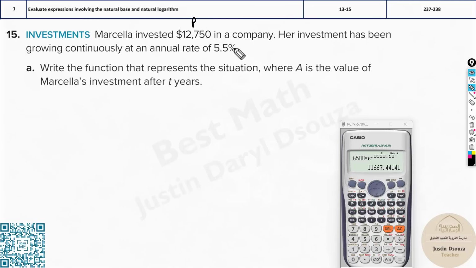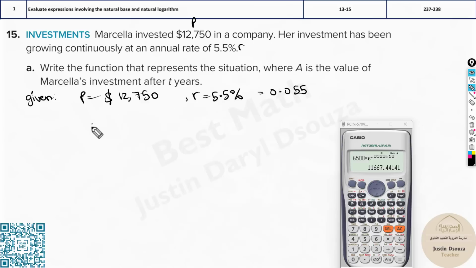Here again we got P, R, and they want A and T. So the given is P equals $12,750 and R is equal to 5.5%. This is equal to 0.055 because this moves to the left side, or you just put this in the calculator. 5.5% is 0.055.